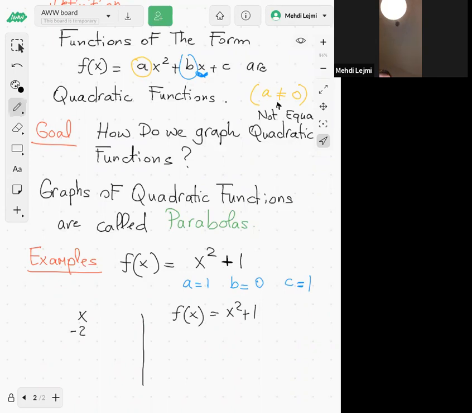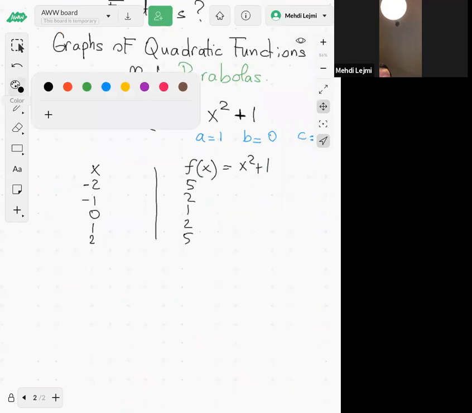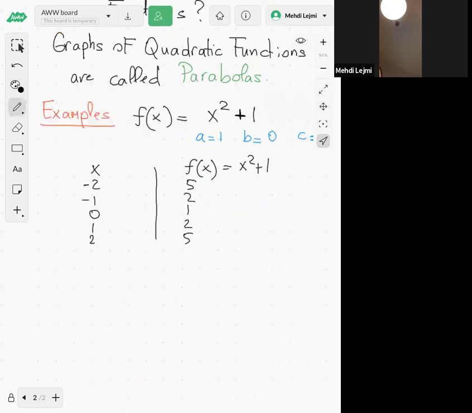Then f of x would be -2 squared, 4, plus 1, that would be 5. For -1, -1 squared is positive 1, plus 1, that's positive 2. For 0, 0 squared plus 1, that's positive 1. For 1, 1 squared plus 1, that's 2. And for positive 2, 2 squared plus 1, that's positive 5.